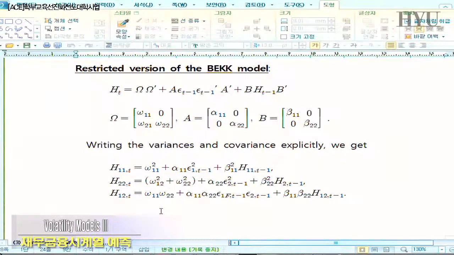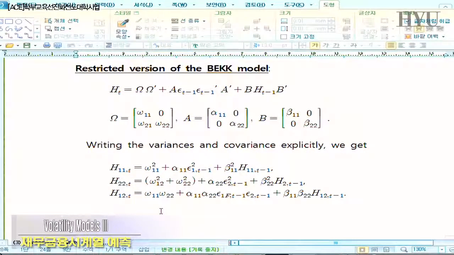The simplifying assumption is that this one is assumed to be a lower triangular matrix, and the others diagonal matrices. If you specify a GARCH model for the first variable, you need at least 3 parameters to be estimated.